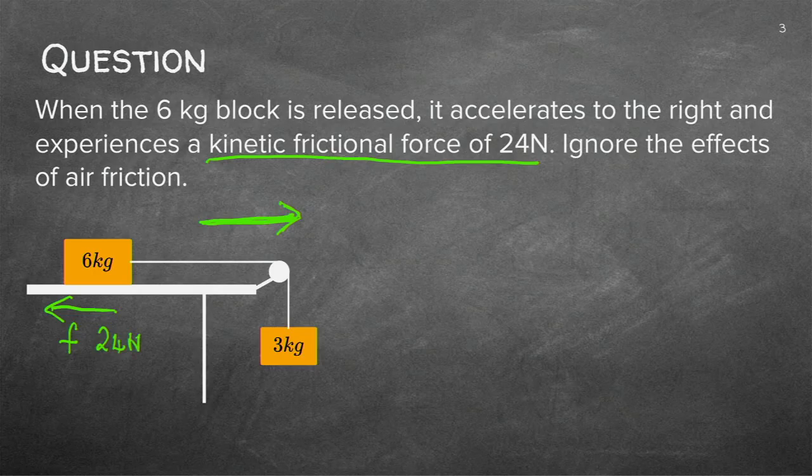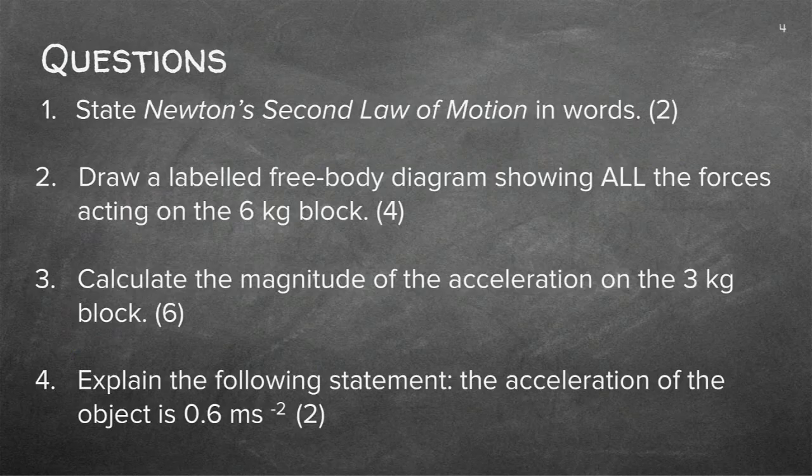Immediately you start thinking, what forces do I have? Which ones do I have to calculate? So they say I've got to ignore all the other friction, which is air, and they ask me questions. As in all cases, they ask me a theory question, Newton's second law. A free body diagram.